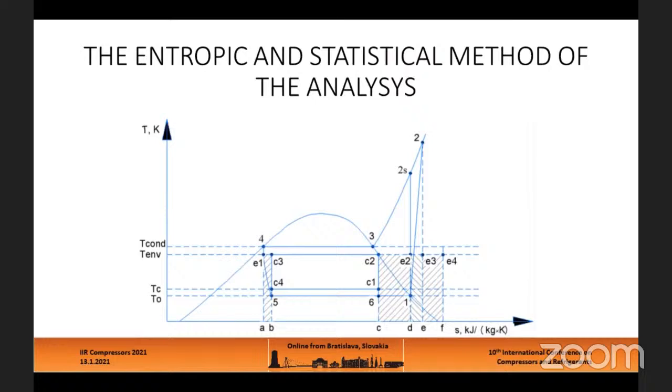The distribution of energy expenses for entropy production compensation for a one-stage refrigeration cycle is shown on this slide. The ideal Carnot cycle, C1, C2, C3, C4, is totally reversible. It means that the work spent for cold generation will be minimum and is expressed by the area C1, C2, C3 and C4.